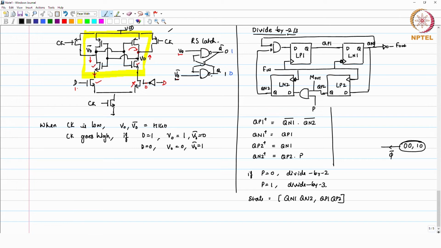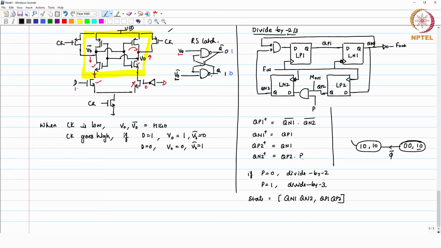So, based on the previous state, at the falling edge on the clock, only your Qn1 and Qn2 will change, Qp1 and Qp2 remain the same. So, this remains the same, you have 1 0. Qn1 plus is Qp1, which is 1, and Qn2 is P, which is always 0. So, this will remain at 0 at phi bar.